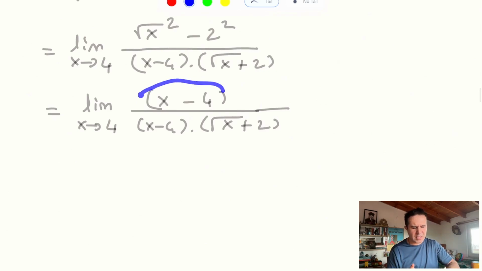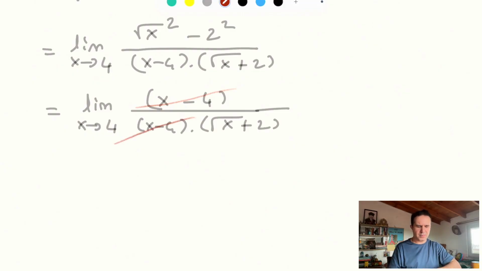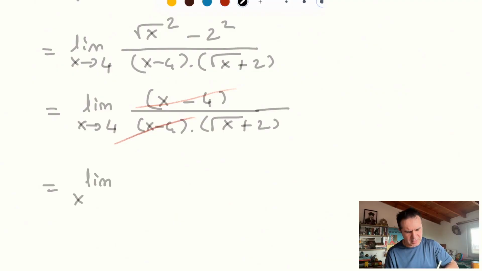Since x minus 4 and x minus 4 here are common factors and they are different than 0, we can cancel them. And we get the limit as x approaches 4 of 1 divided by square root of x plus 2.